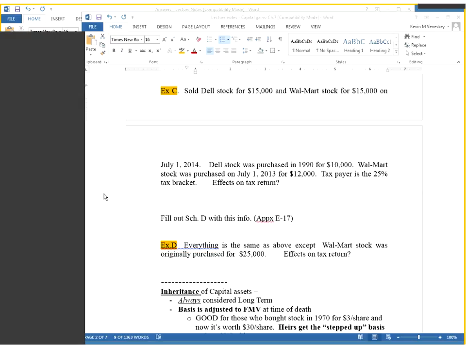Proceeds, we would say we got in $15,000. The cost being, if we use the second example, $25,000. So therefore we had a loss there in line 1 of H of $10,000. And then we would skip down, because that's where we would put our totals.